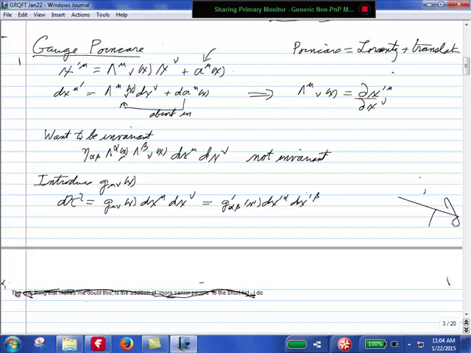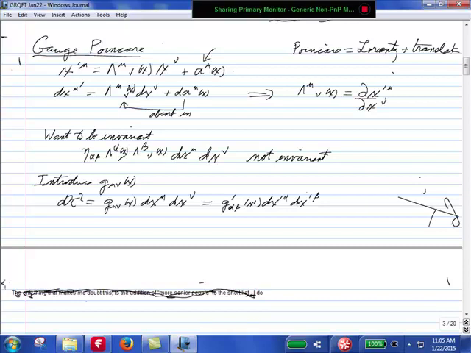So that's our vector transformation. If you had a V mu upper and a V mu lower, you could make this into an invariant just by contracting indices. But derivatives wouldn't work. So what you would like to make it work is a covariant derivative.